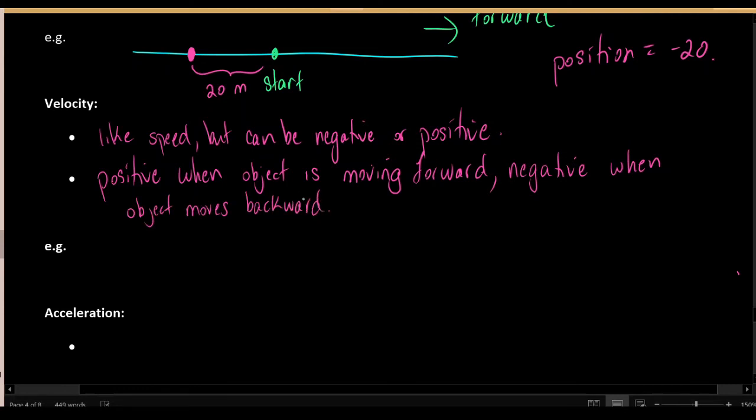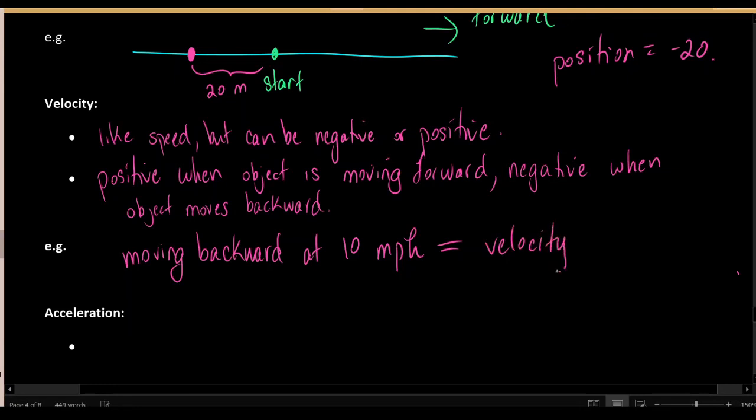So for example, if we had an object that was moving backward at a speed of 10 miles per hour, we would say that that's a velocity of minus 10.